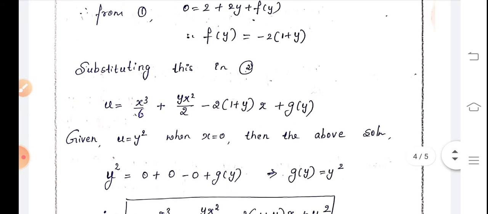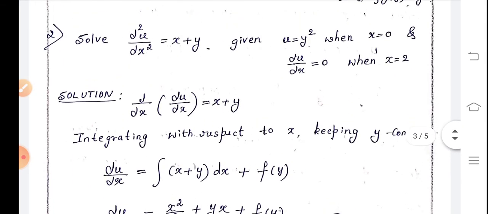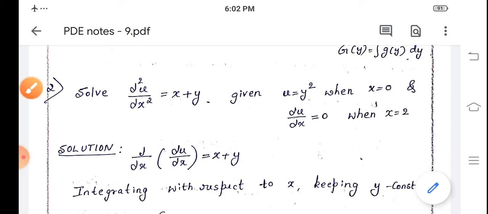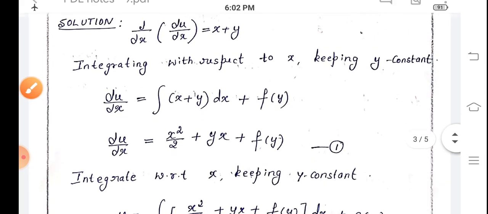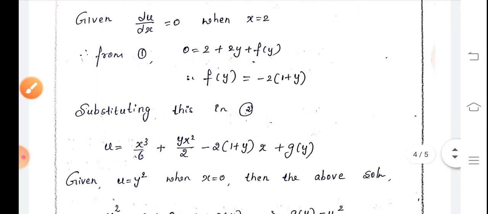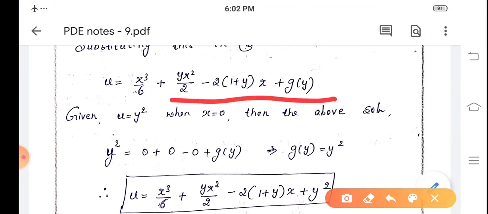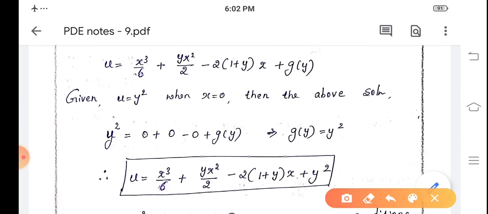Now, in the given problem, we have the condition for u also. It is given that u is equal to y square when x equal to 0. So using this condition, in the above equation we write u is equal to y square when x is 0.